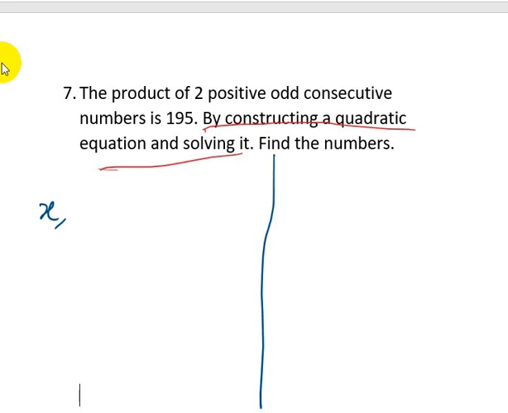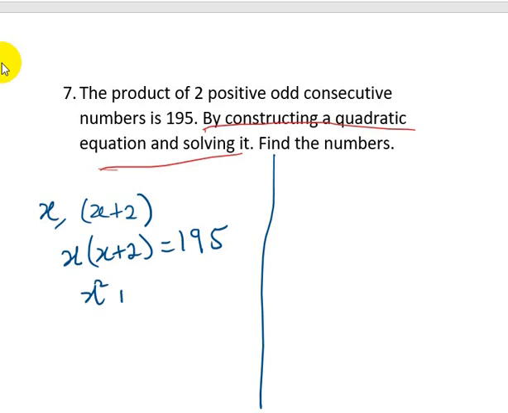So x, and the next one will be x plus 2. And when we multiply them, we are getting what? So it's going to be x, the first number, multiplying the second number, x plus 2, giving us what? 195. Why do I keep saying 197? It's 195.